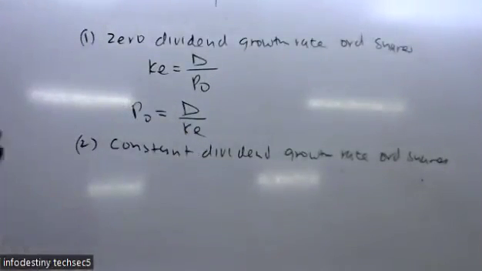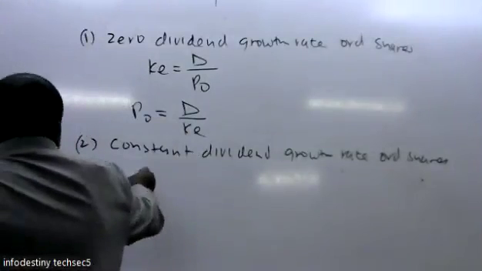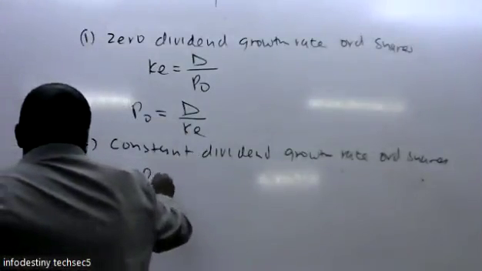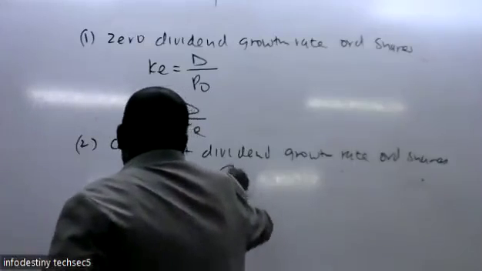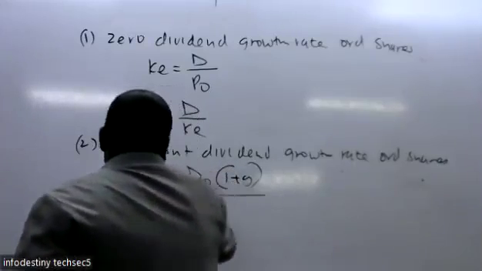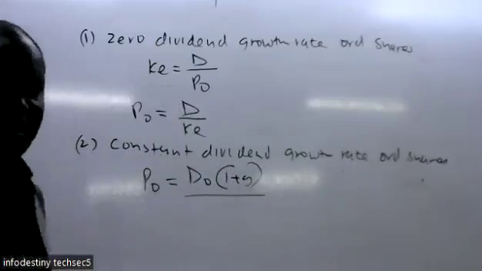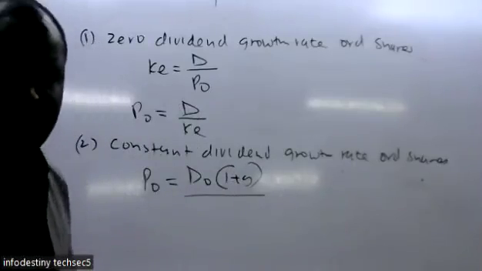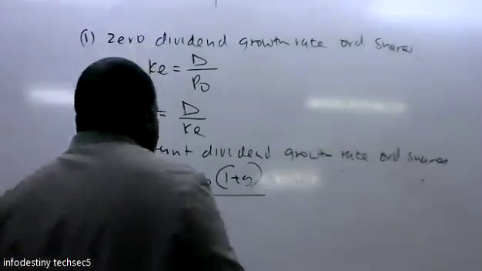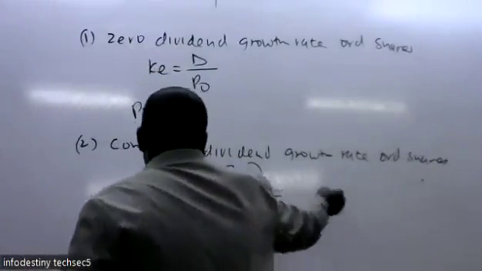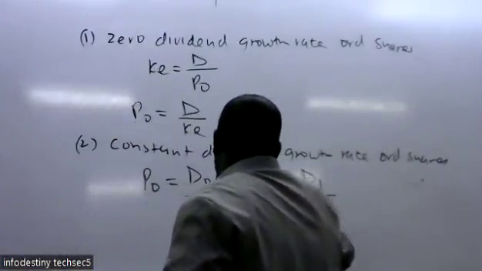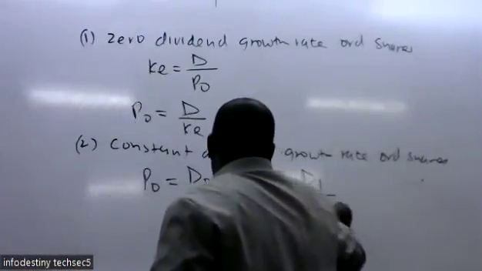So even when you check the other side, I'm simply making PO to be the subject. So this one will be given by D0 in the brackets of 1 plus G. Then we shall be required to divide by KE minus G, which is the same as D1 divided by KE minus G.